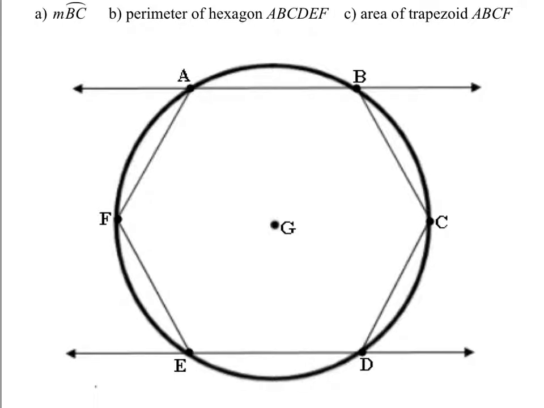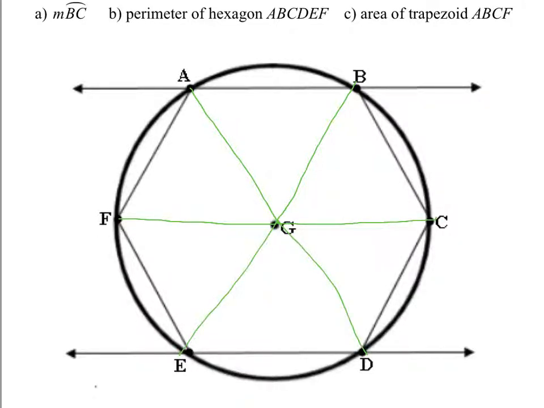A regular hexagon means that each side, like AB, BC, CD, DE, EF, FA, are all congruent. So if I make a radius, and I make a radius, I can make these to all these points. Sorry, they're not straight. These are all going to be 4 units long.